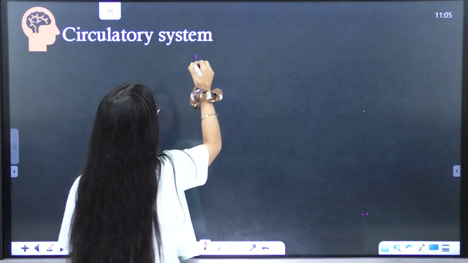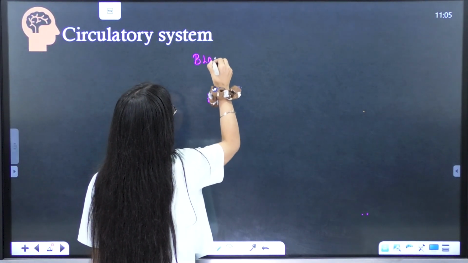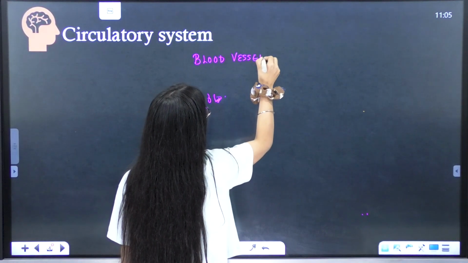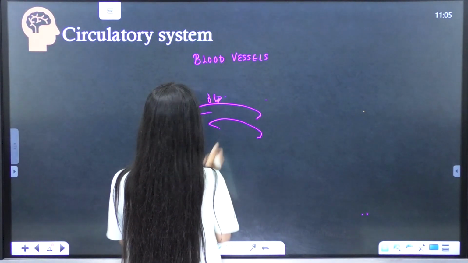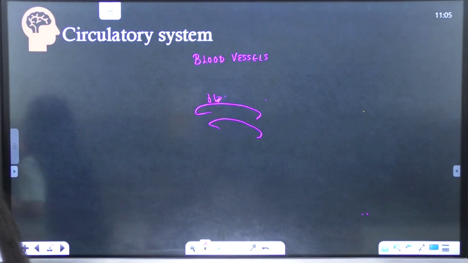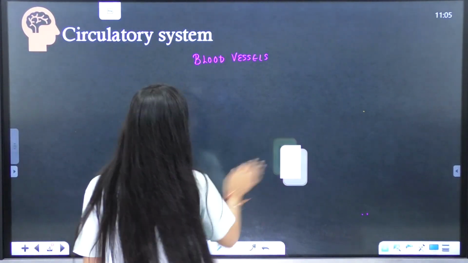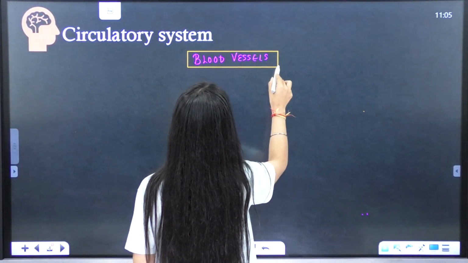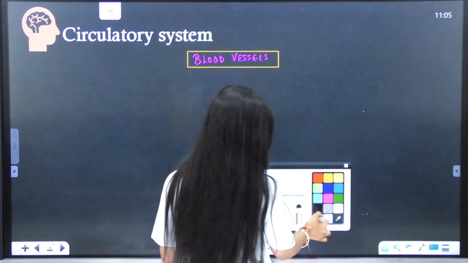Now, we will continue with blood vessels. Just wait a minute. Okay. Just make your notes so proper and well managed.